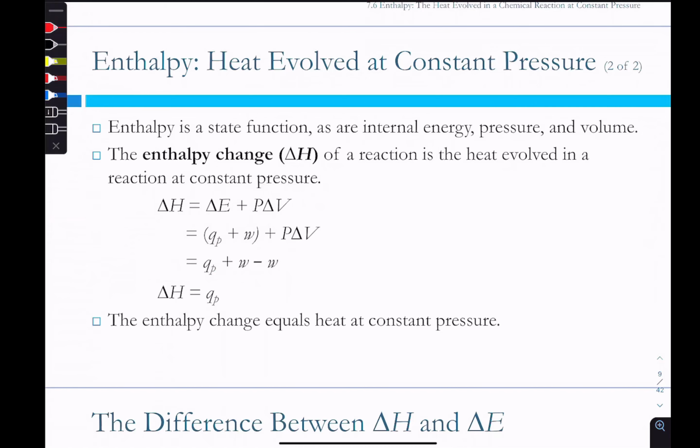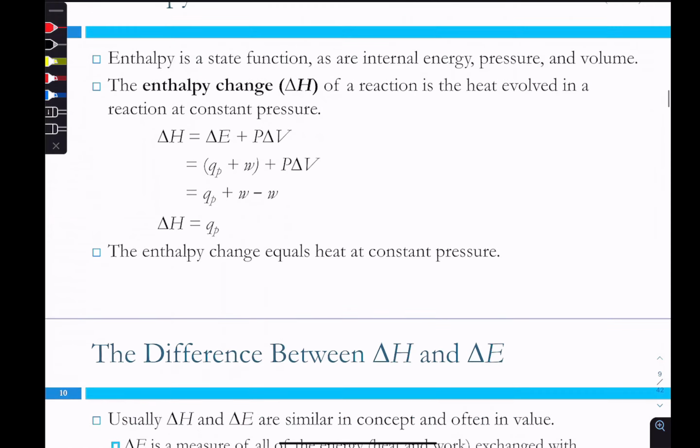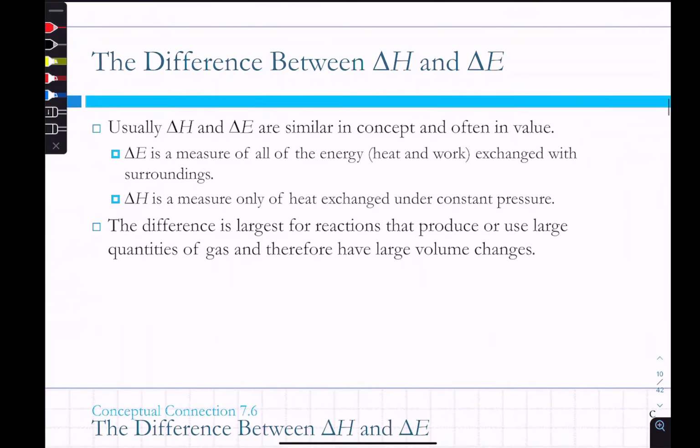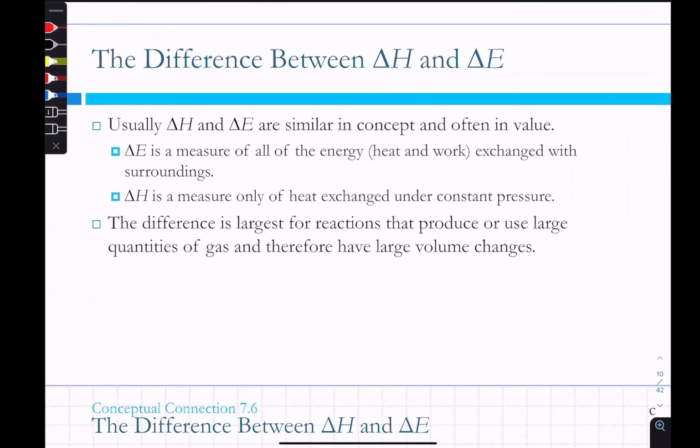And this is enthalpy. And enthalpy, just like the change in energy that we were talking about, is a state function. So it doesn't matter how you get to your final state. The only thing that matters is the difference between your initial state and your final state. So a lot of the times they'll be similar in concept and often in value.